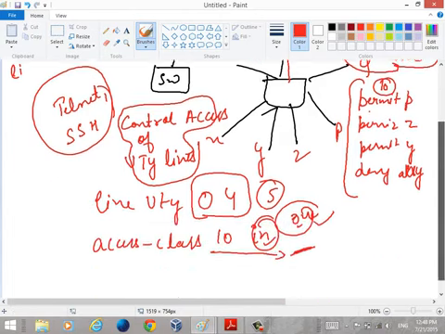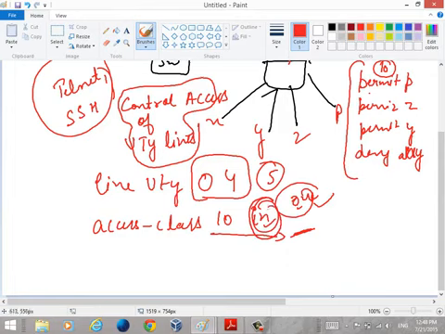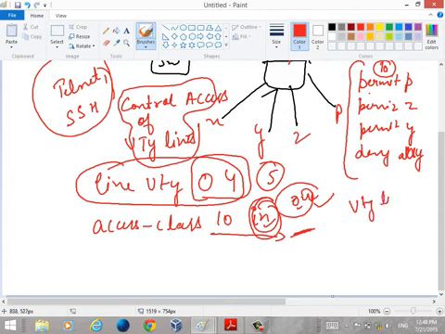So direction will be in. What do you mean by this thing? Whenever a user comes to the router and says, I want a line. Which line? VTY line. It means he is accessing the router through SSH or telnet. He wants a line. This time the router will check the ACL.